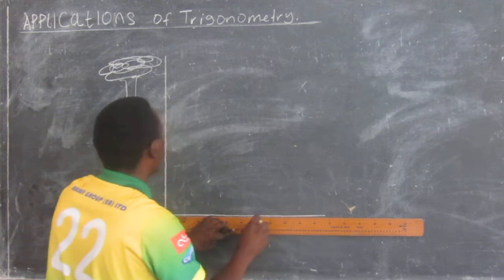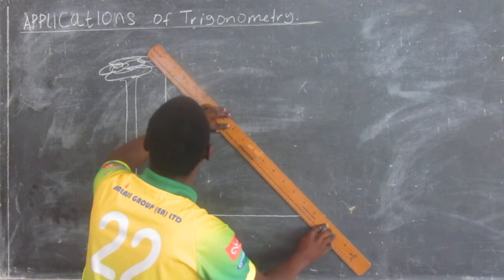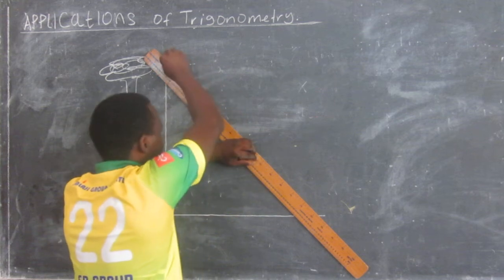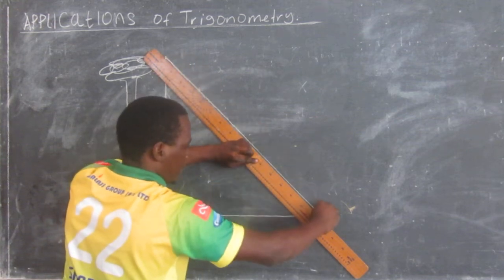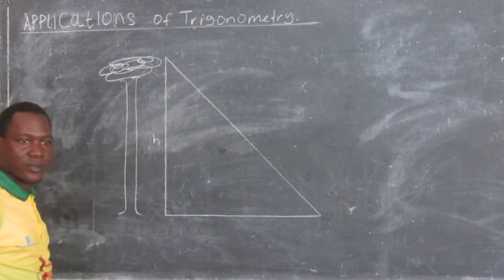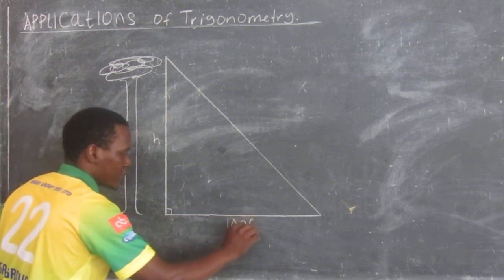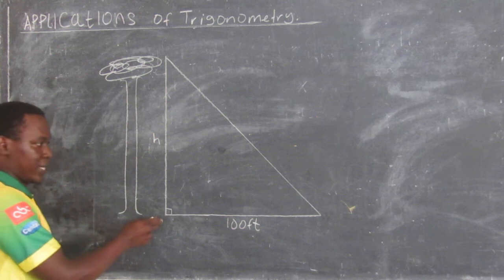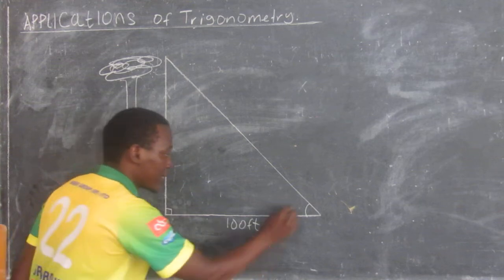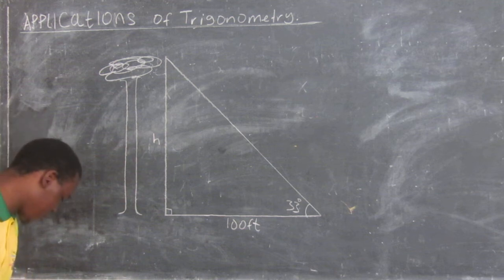After moving that distance, he looks up, and by looking up we get this angle here. The height of the tree, which we don't know, makes 90 degrees with the base. John moved 100 feet from the base of the tree, and when he reached this point, he looked up through an angle of 33 degrees. We want to get the height of the tree.